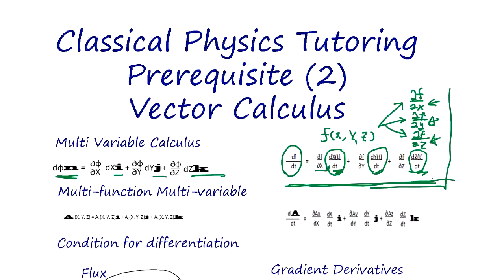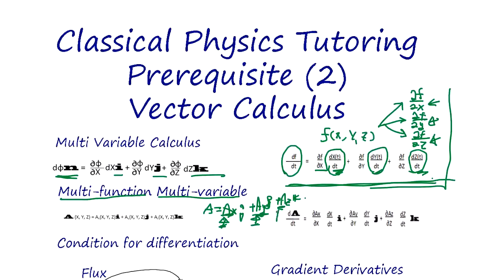Actually, a vector is a multi-function, multivariable. So vector A is Axi plus Ayj plus Azk, and each Ax, Ay, Az is a multivariable function.